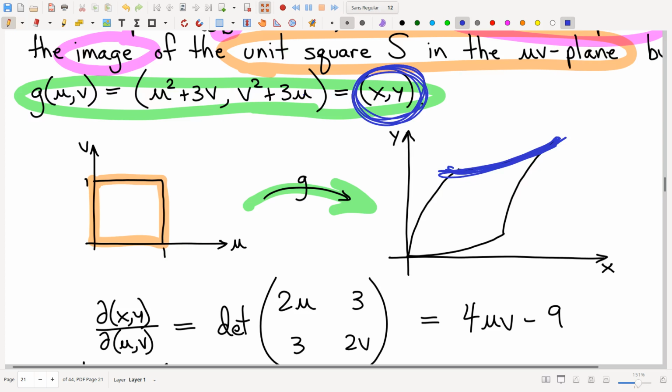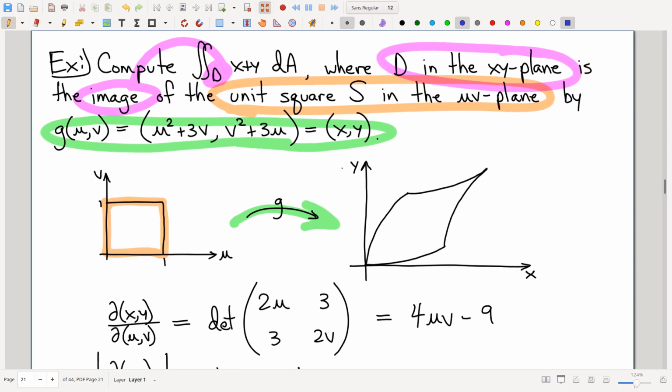So loosely speaking, I could parameterize this as a function of u. But again, that's a parameterization. It's not an equation. So we would have some algebraic challenge in front of us to actually even find what the equation of that curve is. So that's a really hard problem if you don't use the trick that we're about to use.